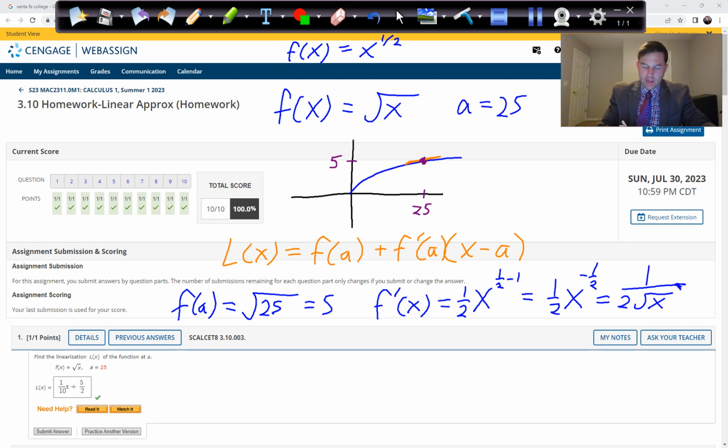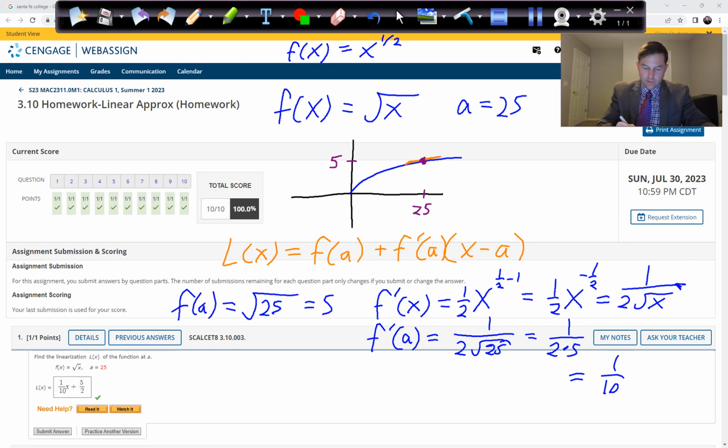We need to find that evaluated also at a. But a is 25, so it would be 1 over 2 times the square root of 25, which would equal 1 over 2 times 5, which would equal 1 over 10.